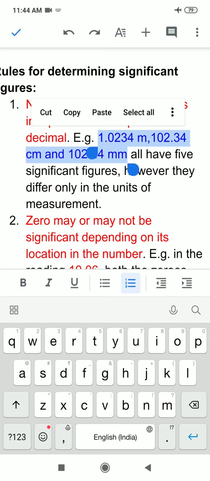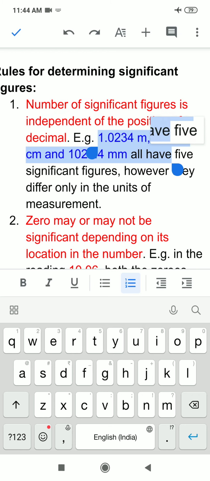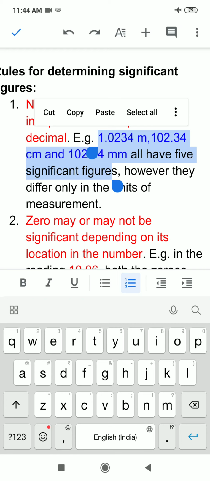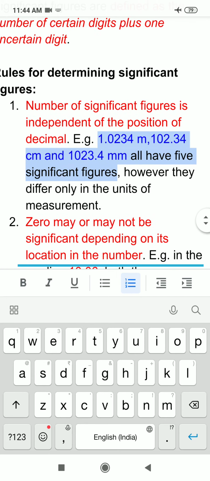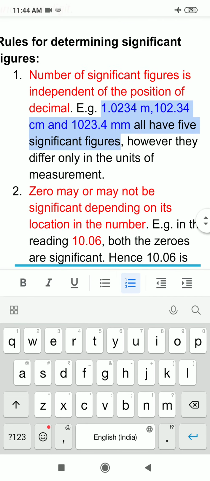So now you can see in all these three there are 5 significant figures. So what I am saying, that number of significant figures is independent of the position of decimal.